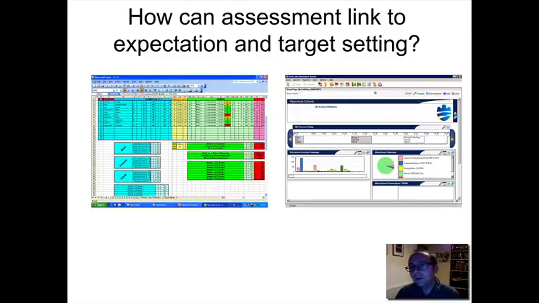When is the data accurate? When is the data wrong? Don't let the data become more important than the student. But don't ignore the data, because it can be remarkably insightful. We are data rich, be it through SIMS or be it through our own tracking. We've got to turn data rich into information rich.